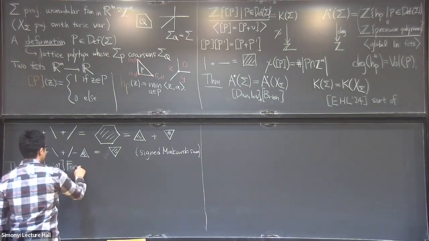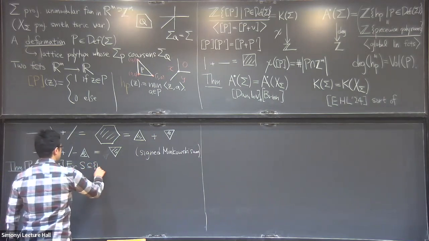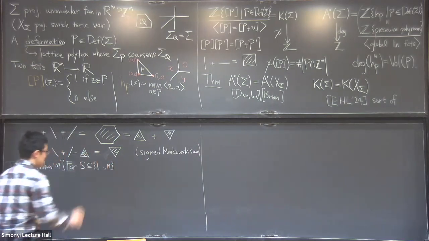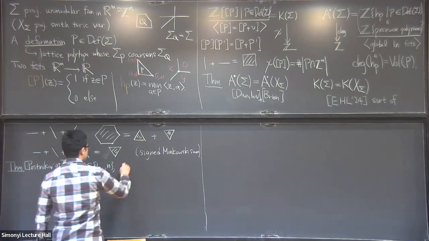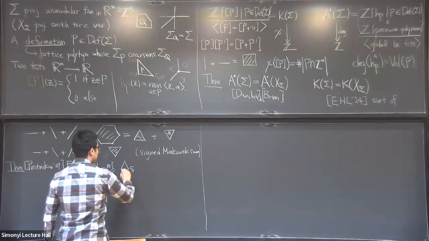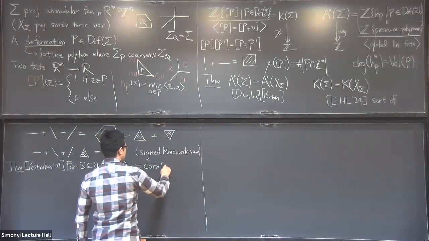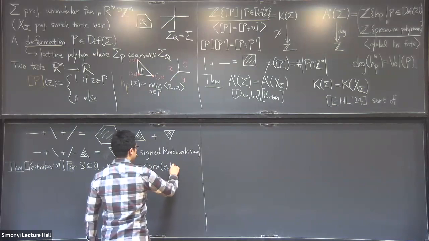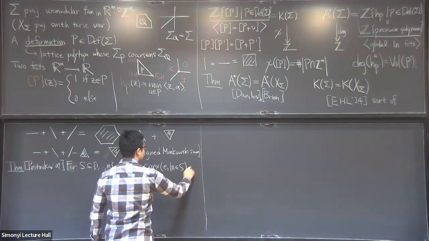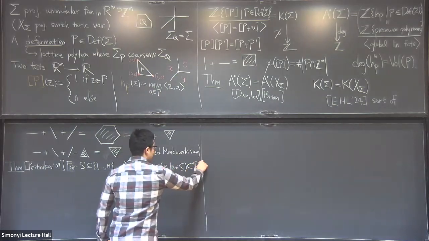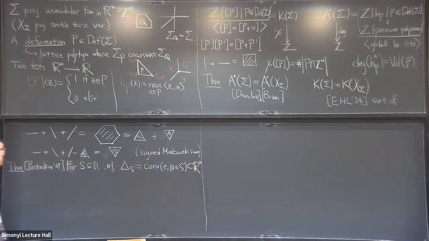For a subset, let's say S, of the indices 1 through n, by triangle sub S, this is the standard simplex of S, the convex hull of the standard basis vectors e_i where i is in S. So it's a bunch of standard simplices, one for each subset. Here's a statement. It comes in three parts.